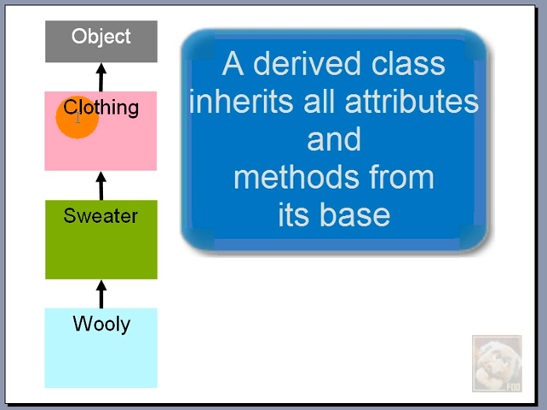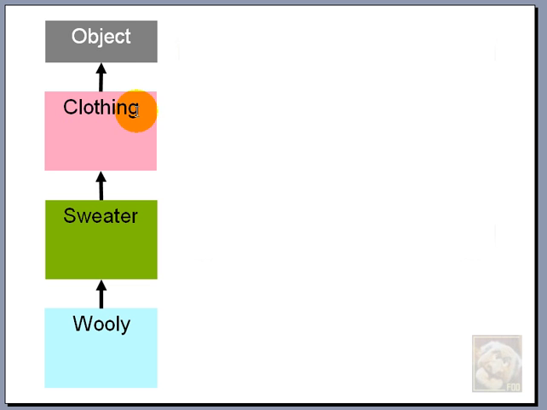That is to say that clothing will contain every single attribute and method its parent class or base class provided. Class sweater will also contain everything that clothing and object gave it besides having its own. And woolly will also provide its own attributes and methods plus all those provided by its base classes.